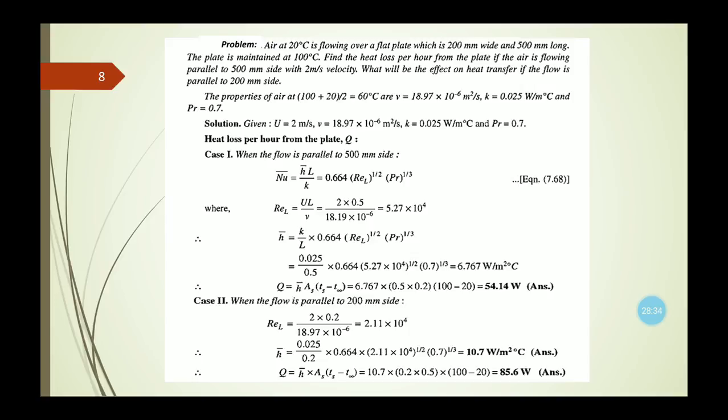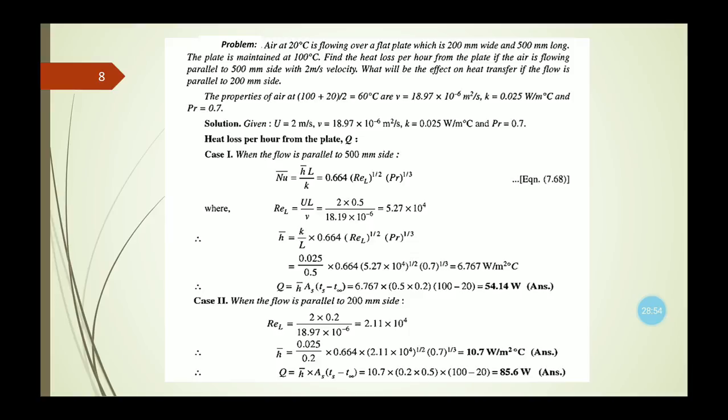Now the average heat transfer coefficient equals k by L multiplied by 0.664 Reynolds number to the power half and Prandtl number to the power 1/3. Putting in the values, we get the average heat transfer coefficient as 6.767 watt per meter square degree centigrade.